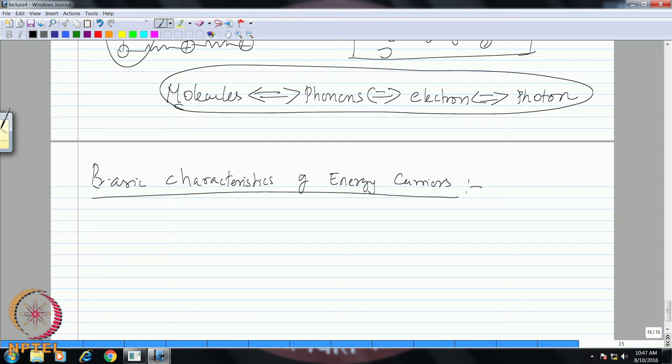I want to define certain universal constants that we will be using. Let me define the Planck's constant h. This is 6.6262 times 10 to the power minus 34 joule second. Very frequently we will also be using what is called the modified Planck's constant, denoted h cross.